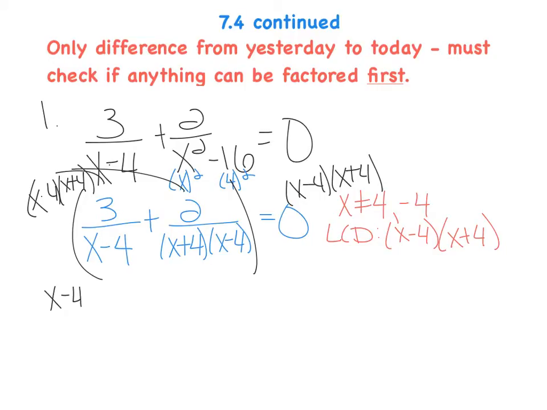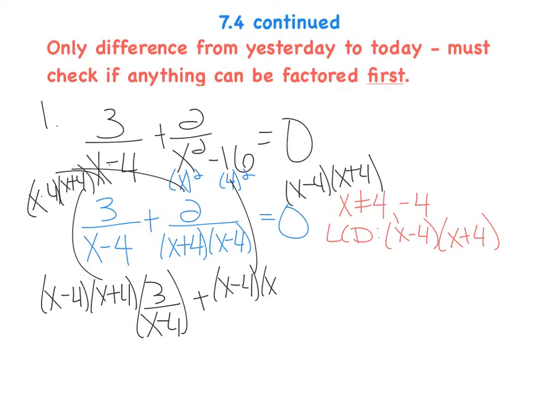So I have x minus 4 times x plus 4 times 3 over x minus 4. And then I have x minus 4 times x plus 4 times 2 over x plus 4, x minus 4. And on the right-hand side, luckily, 0 times x minus 4, x plus 4, that's just going to be 0.